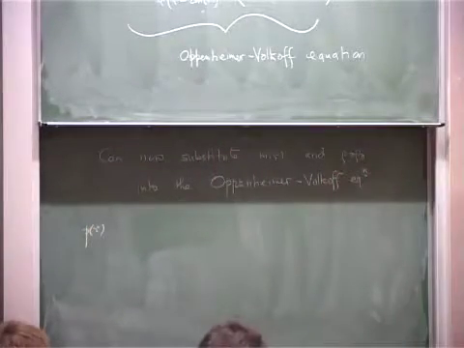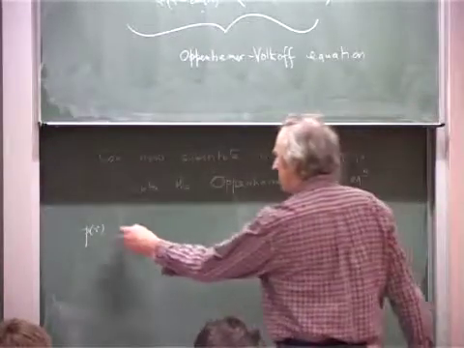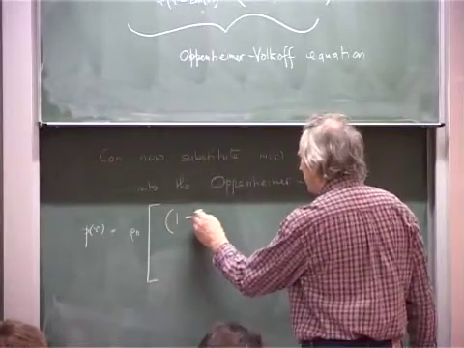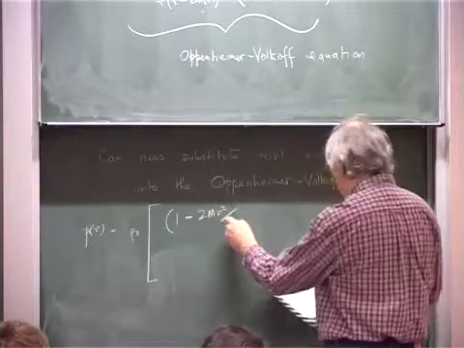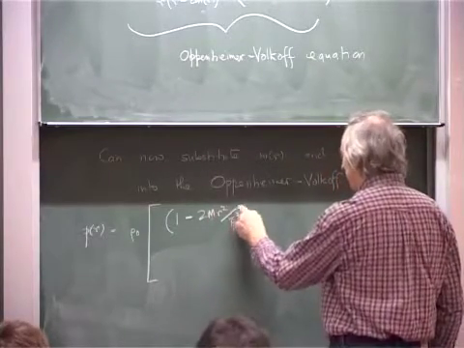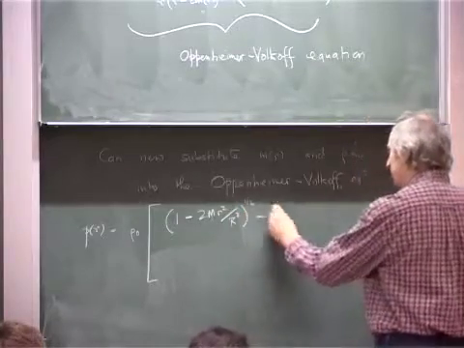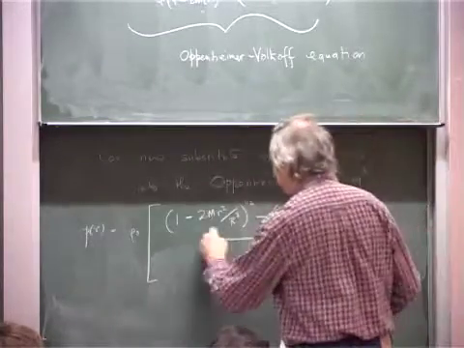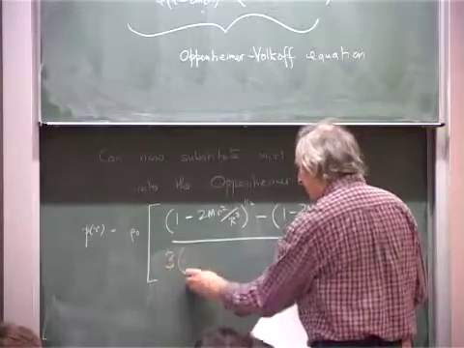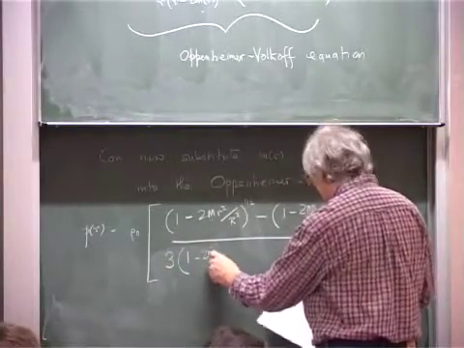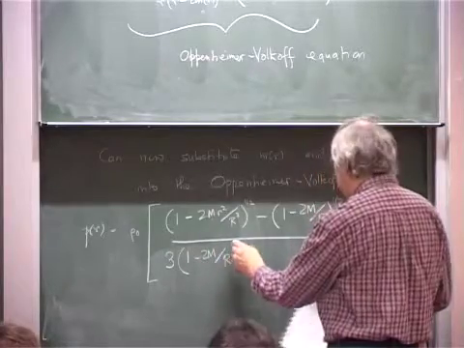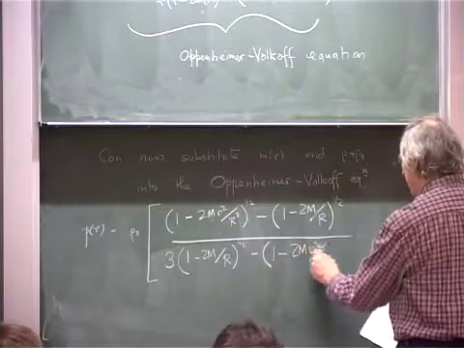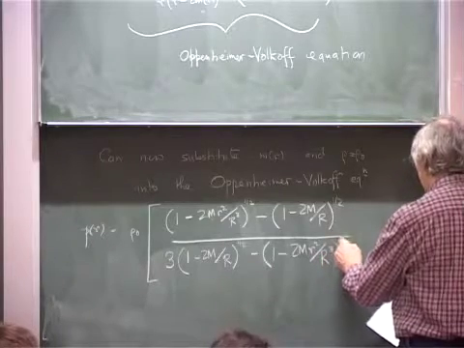You will discover the pressure as a function of radius is equal to rho naught, and then a big bracket, 1 minus 2Mr squared over R cubed, where this M means capital M, to the 1/2, minus 1 minus 2M over R to the 1/2, divided by 3 into 1 minus 2M over R to the 1/2 minus 1 minus 2Mr squared over R cubed, also to the 1/2.